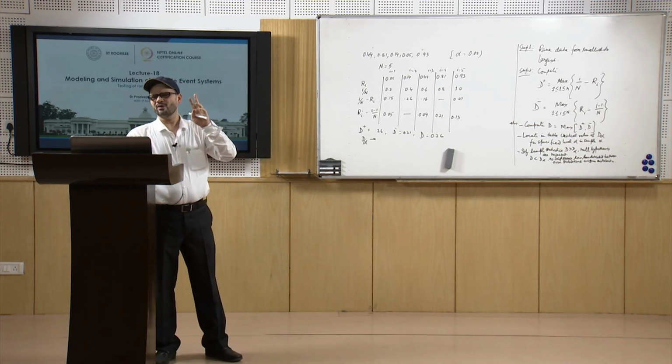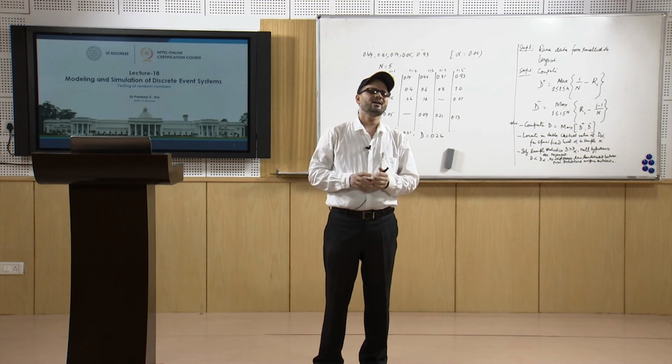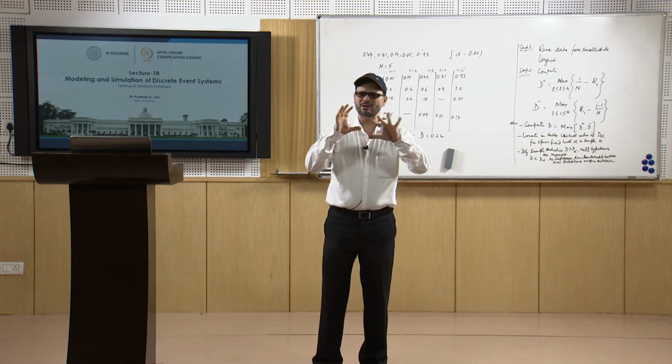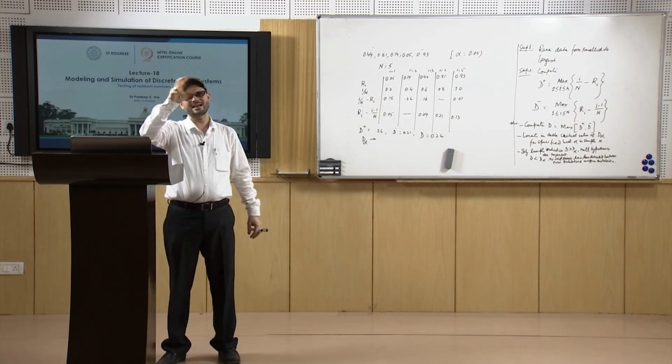In the case of the Kolmogorov-Smirnov test, we look directly against 5 and for the D alpha of 0.05. When we talk about a different test, in the case of chi-square test, there we need the degree of freedom value, and there we see the degree of freedom as n minus 1.